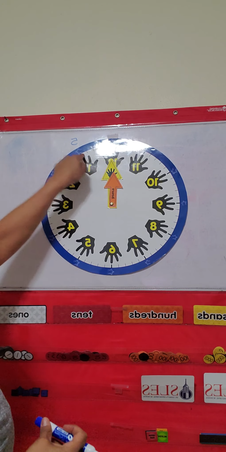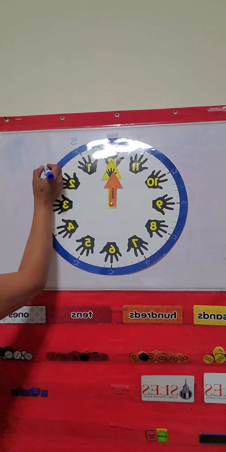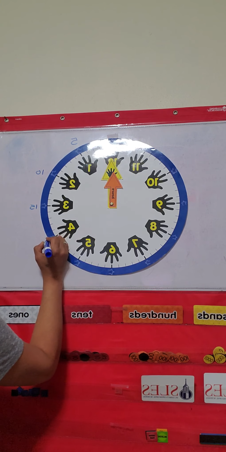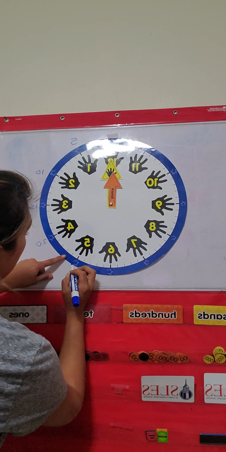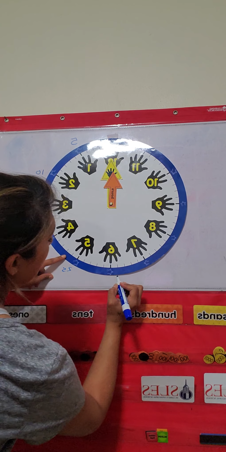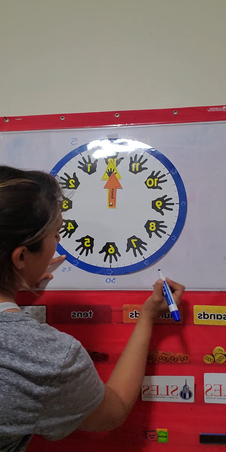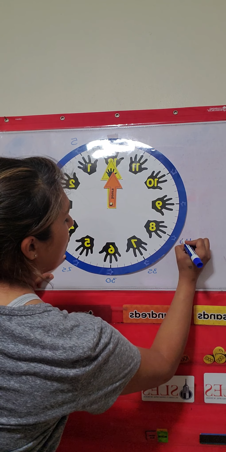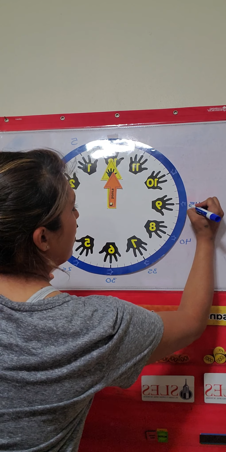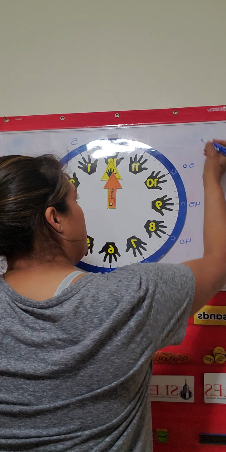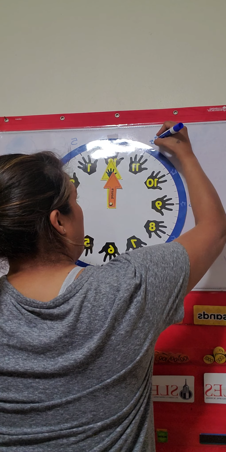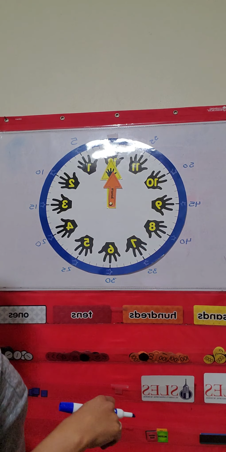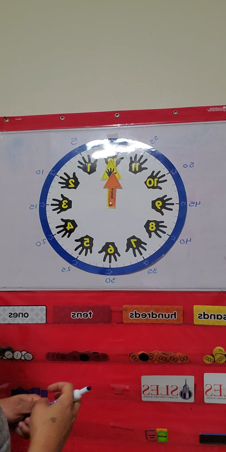So if there are 5 here, there are 5 more here, then that would be 10, 5 more, 15, 5 more, 20, 5 more, 25, 5 more is 30, 5 more, 35, 40, 45, 50, 55, and this would be the 60th minute because there are 60 minutes in an hour.